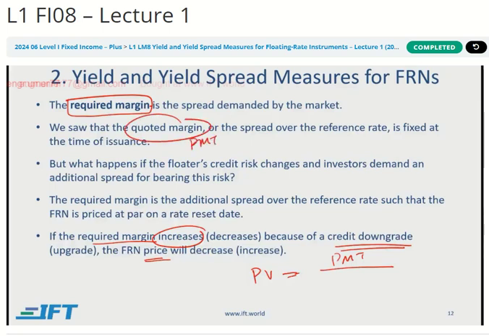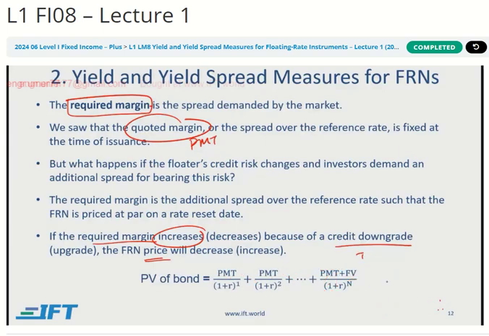Payment is calculated based on the quoted margin, but the discount rate you are using is based on the required rate or the required margin. And if the required margin goes up, please excuse this very bad handwriting, required margin, if that goes up, well, your present value is going to come down.